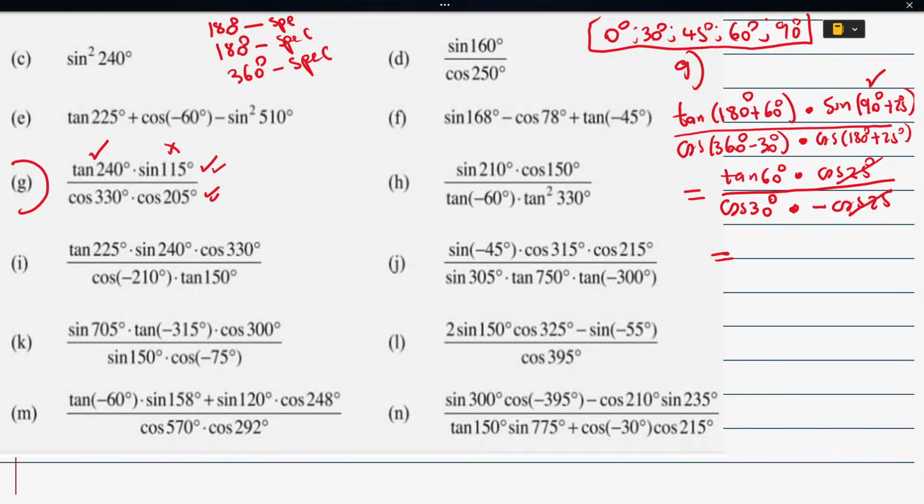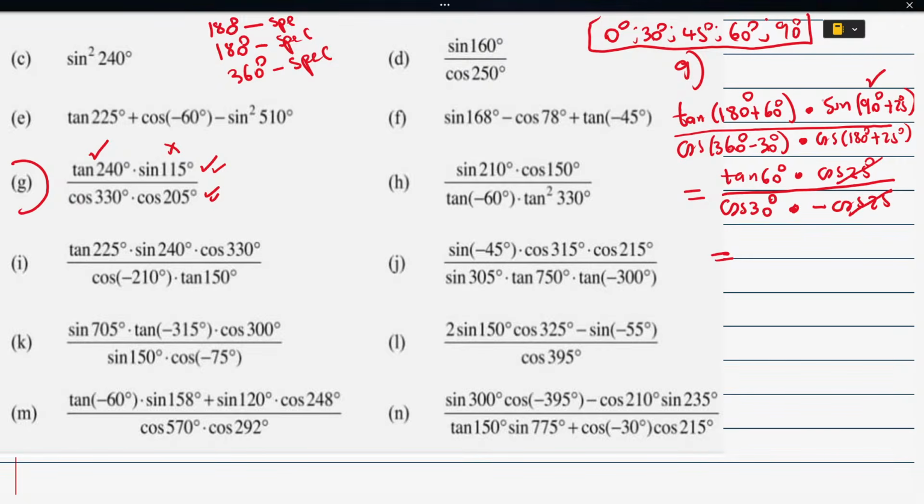So what is tan 60? If you press your calculator, what is tan 60? Tan 60 is root 3.